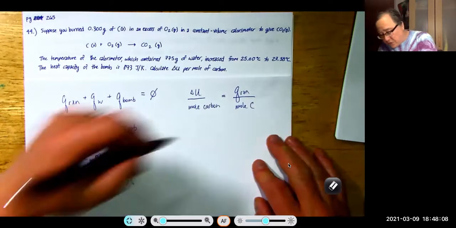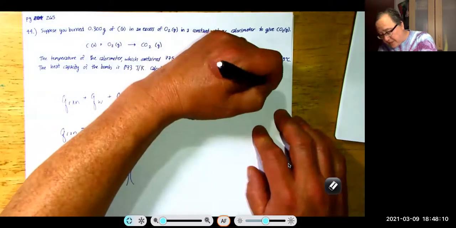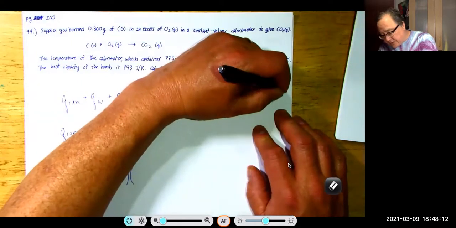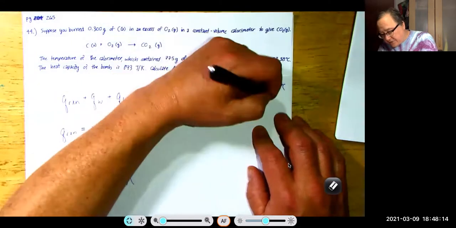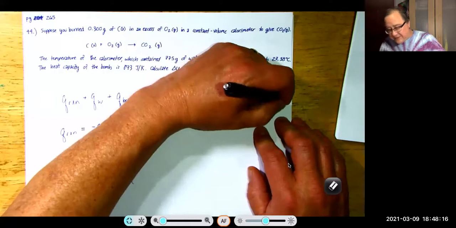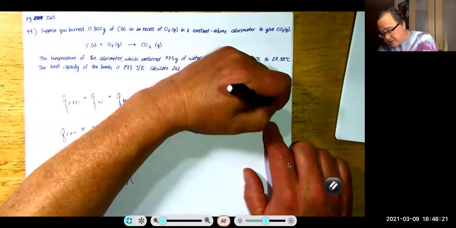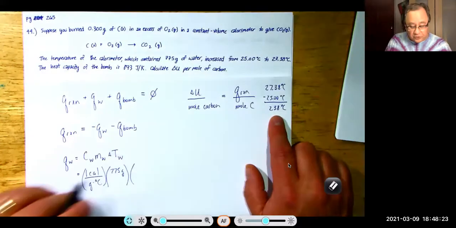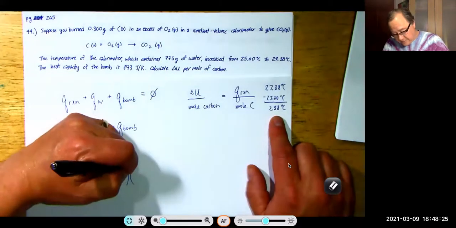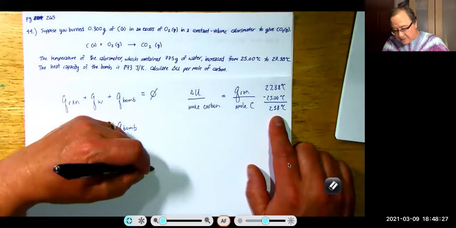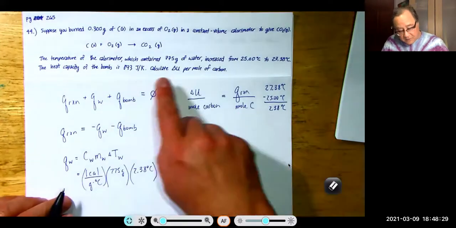So I'm going to do a little work over here. 27.38 degrees Celsius minus 25.00 degrees Celsius. So I can see that that's going to be 2.38 degrees Celsius, good to the 100th. And it is a positive value because we start at a low number and end at a high.